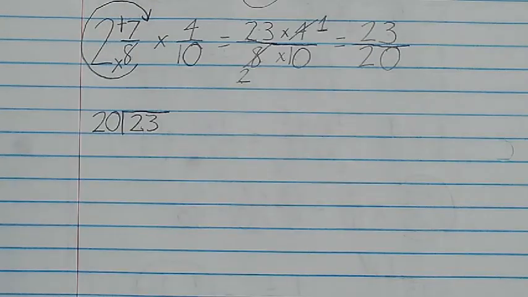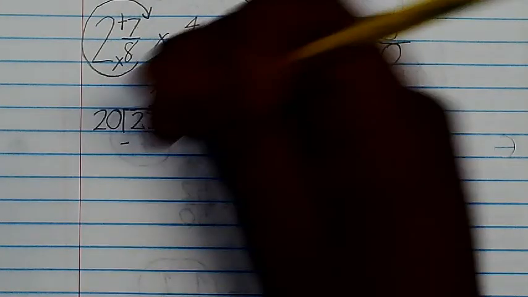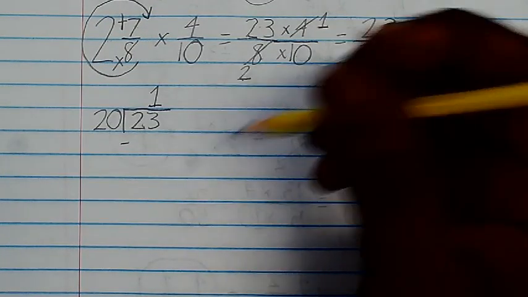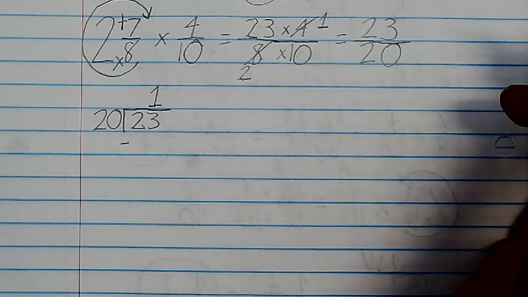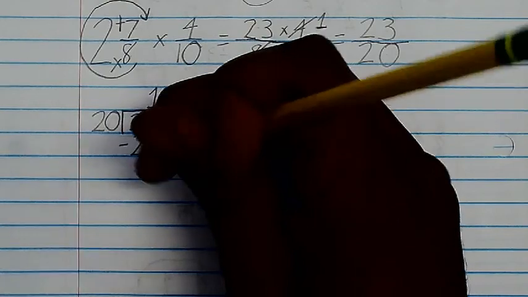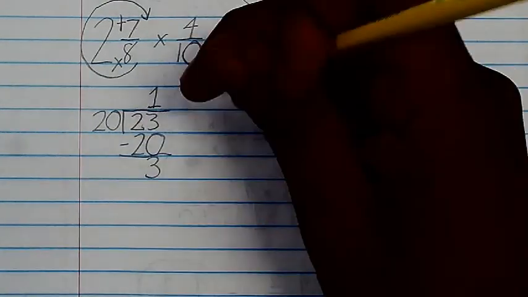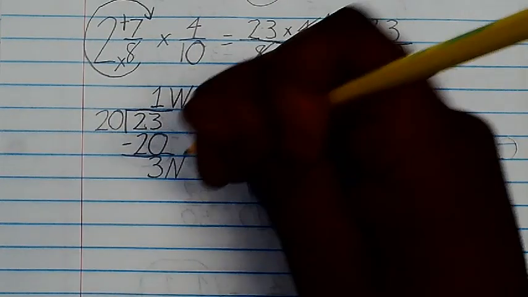All right. So now, how many times can I divide here? Once. When I multiply, what am I going to subtract from 20? 23 minus 20. And then I have 3 as our remainder. So I have my whole number, my numerator, and my denominator.